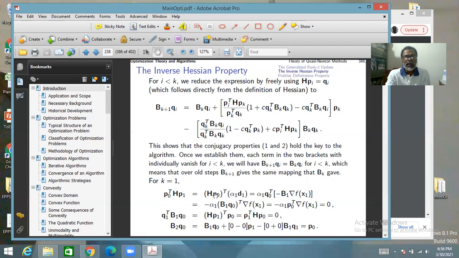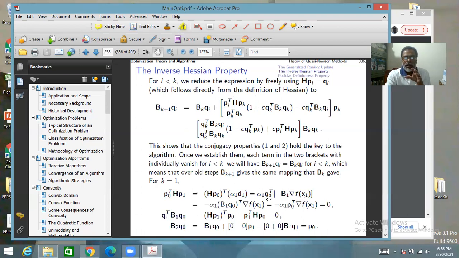And this p_1 is actually alpha_1 d_1. Now H p_0 is q_0, so put it. Alpha_1, keep it here. This d_1, by definition, is minus B_1 times the gradient at x_1, right?